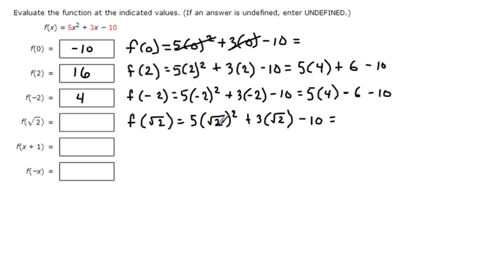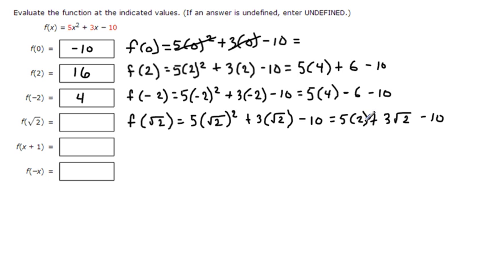The squared and the square root are inverses of each other, so they're going to cancel each other out, and I'm going to be left with a 2. So I'm going to have 5 times 2 plus 3 times radical 2, multiplied just as if this were a variable, so 3 times radical 2 is just 3 radical 2, and then minus 10.